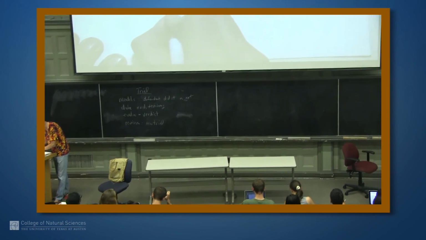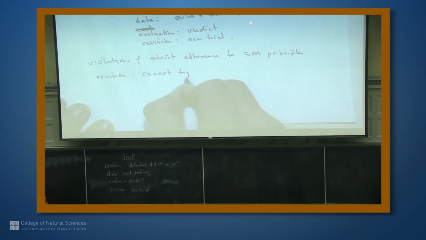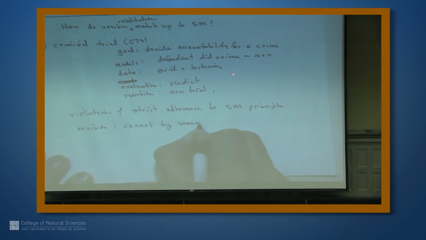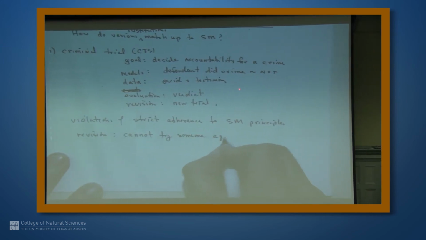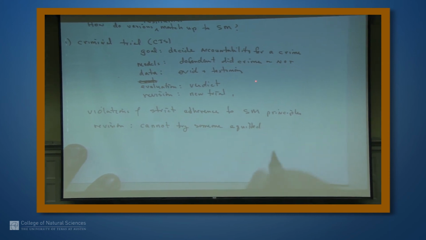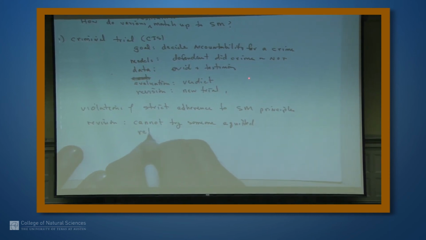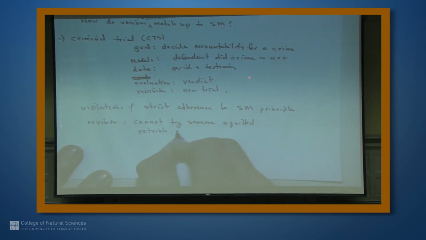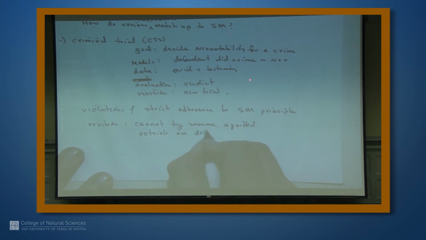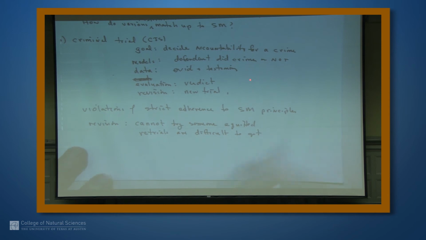You cannot try someone acquitted, but retrials are difficult to get. They're very difficult to get. So that's a violation, not in an absolute sense, but in at least a quantitative sense.